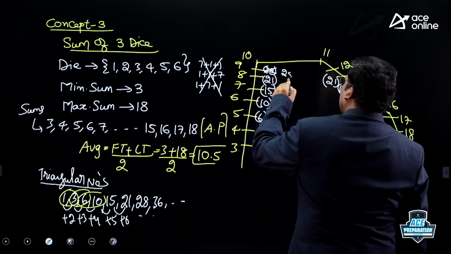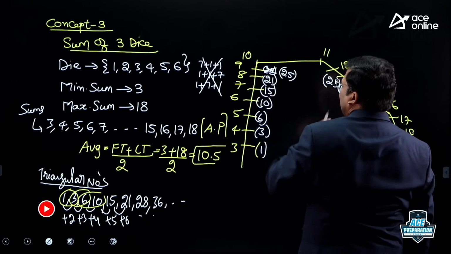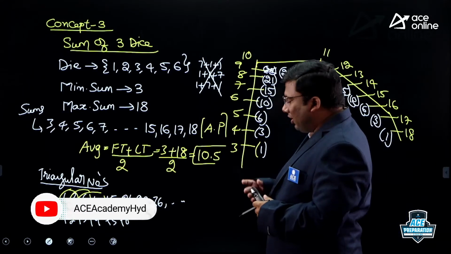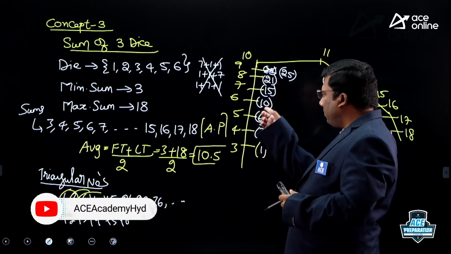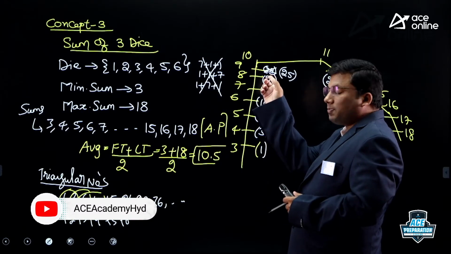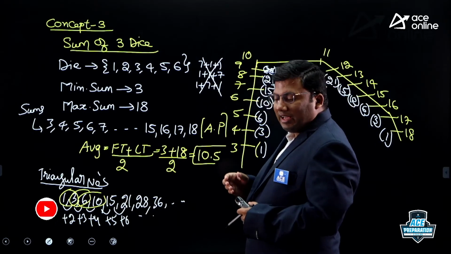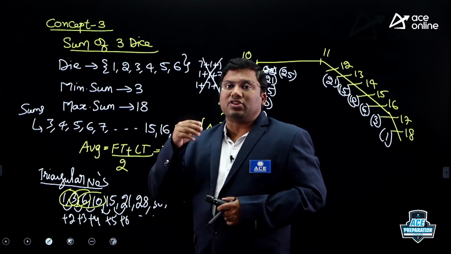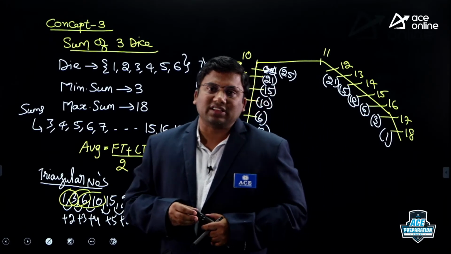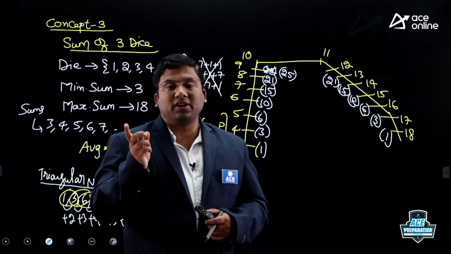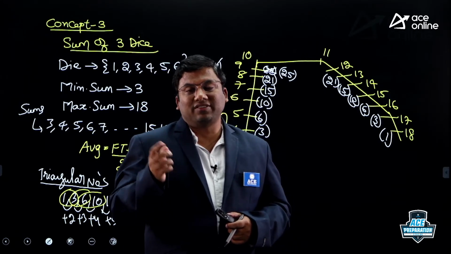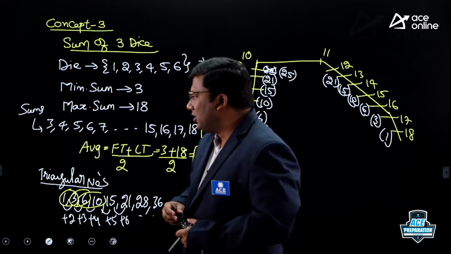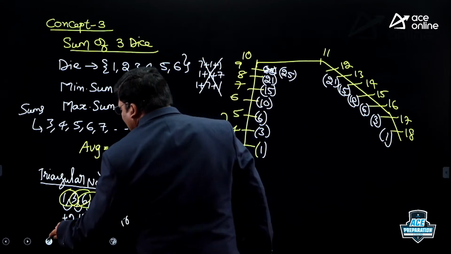You will write 28 from the triangular series, plus 2, plus 3, plus 4, plus 5, plus 6, plus 7. In that 28, 3 cases are omitted: 1 plus 7 plus 1, 1 plus 1 plus 7, 7 plus 1 plus 1.